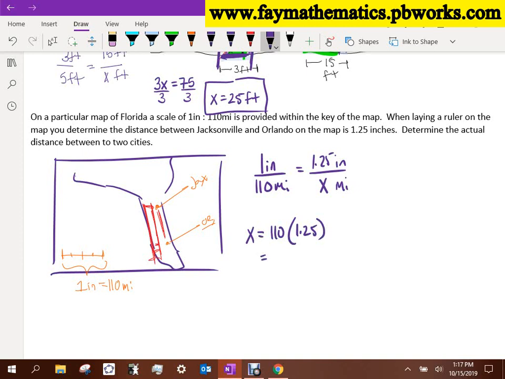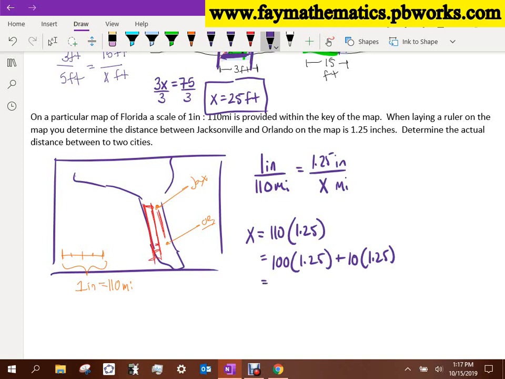I'm going to do it this way. If I say 100 times 1.25 plus 10 times 1.25, does that still say 110 times 1.25? That's the distributive property kind of backwards, right? What's 100 times 1.25?